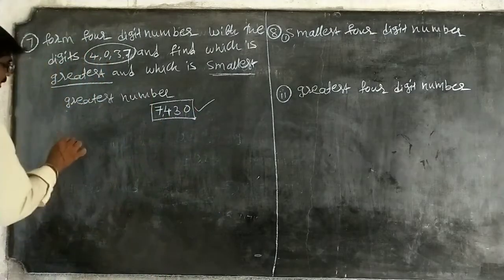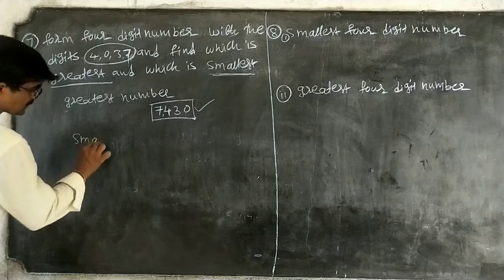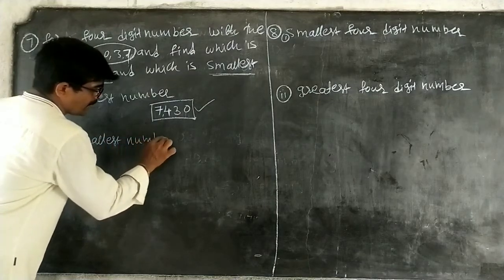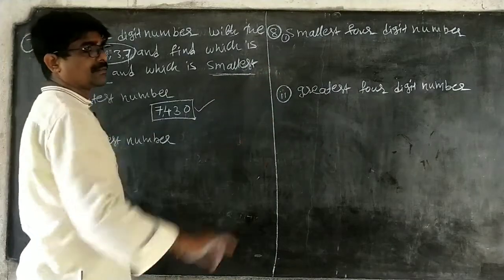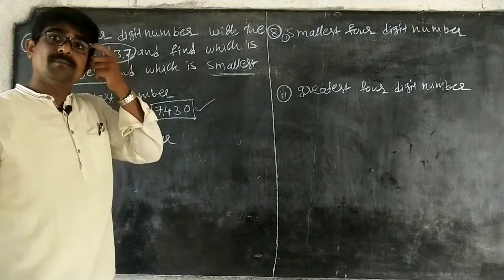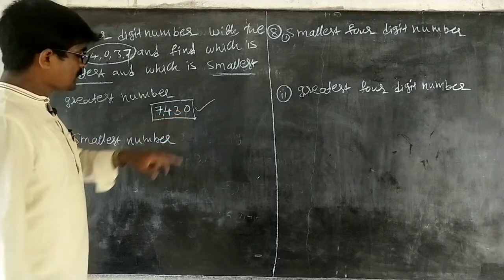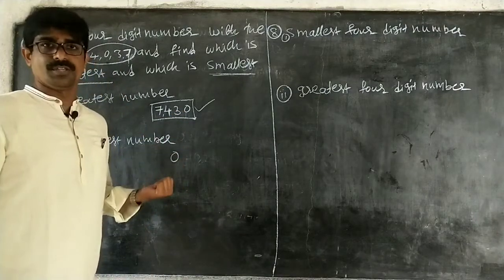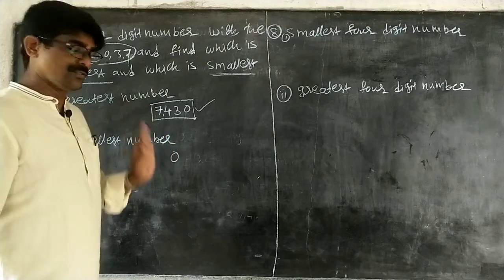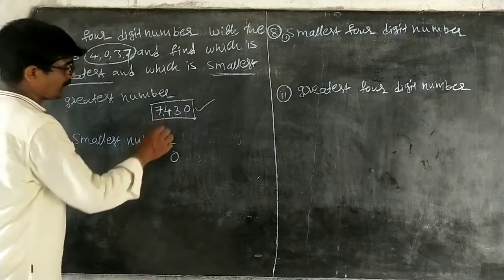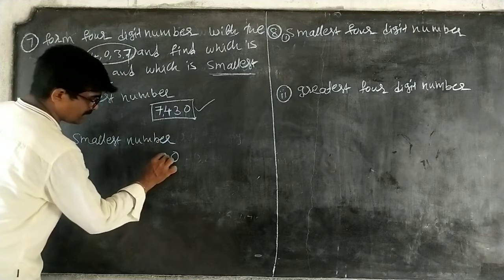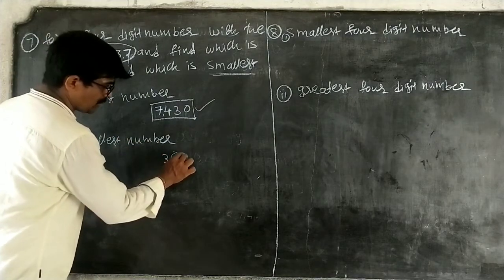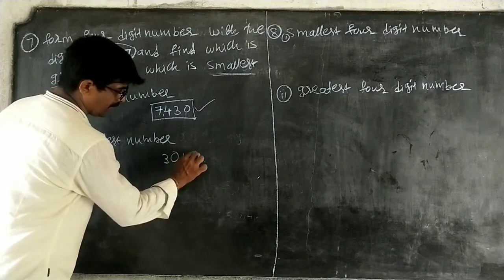Next, we have to find the smallest number. Smallest number means we write small to big. But here zero is there, and we won't start with 0. So after 0, the next smaller number is 3. 3, then 0, then 4, then 7.